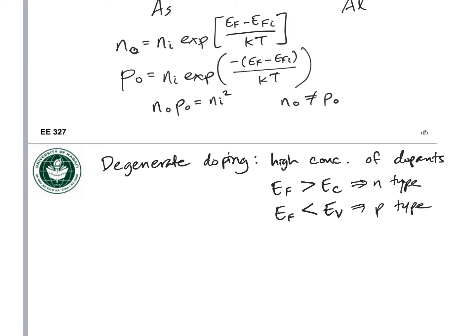Okay, so my semiconductor can become more like a metal. There's a large number of free charge carriers, so it can conduct electrical current very easily. Why would I want to do that?